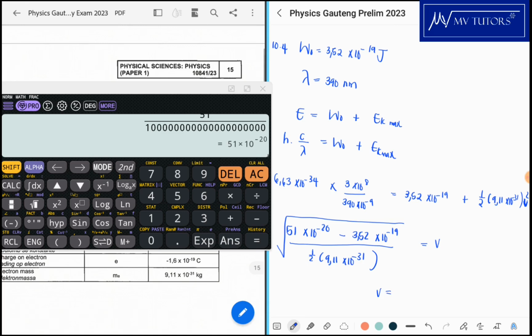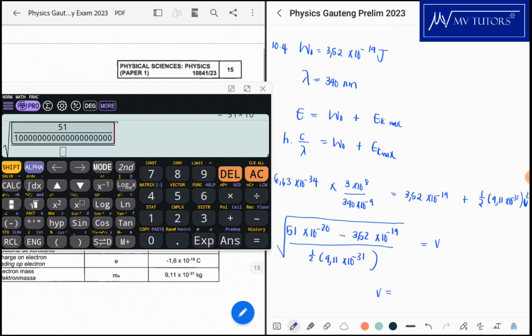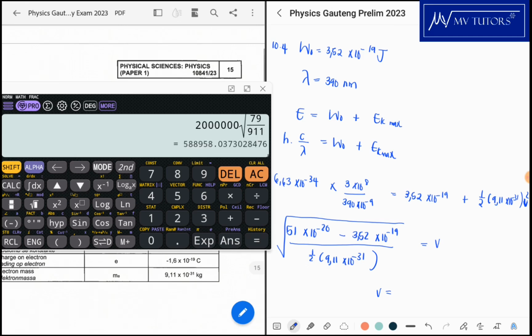Let us see how this pans out. We have a square root of minus 3,52 times 10 to the power negative 19, all divided by a half times 9,11 times 10 to the power negative 31, and we get 588,958,04 meters per second.